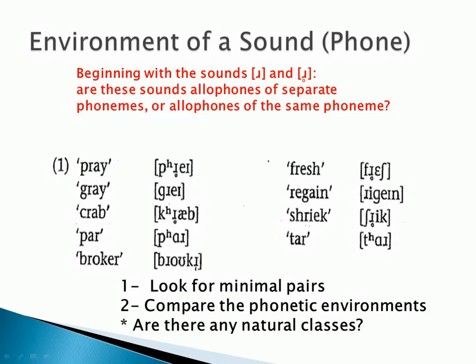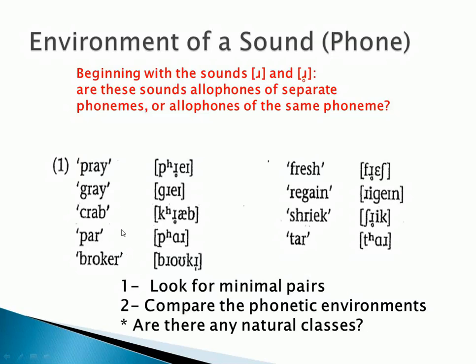So we are going to ask ourselves, we have these two sounds. Are these sounds allophones of separate phonemes or allophones of the same phoneme? Okay, so this is going to be our problem, right? To figure out if these two sounds belong to different phonemes or to the same phoneme. How do we solve this problem?